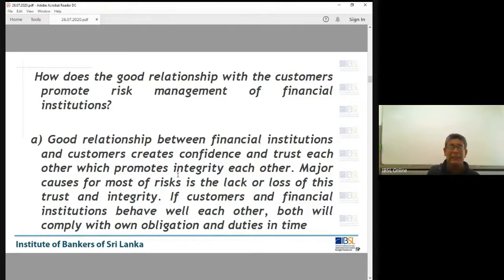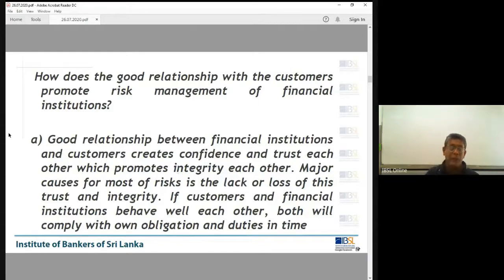If you have a better customer relationship, you don't need so much risk management. Why? You need to understand the importance of the relationship with the customer in promoting the risk management of the financial institution. Now let's look at how we can do that.